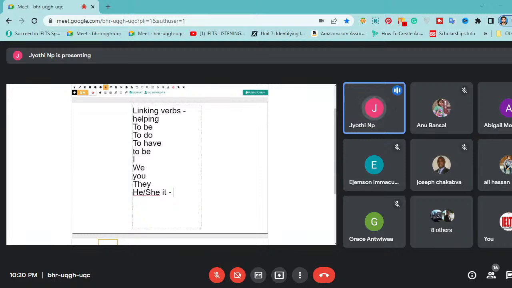Here, for to do we use do and does. Do for plural and does for singular. Whenever we want to have a verb in singular, we add es or s. But a noun with s or es is plural.